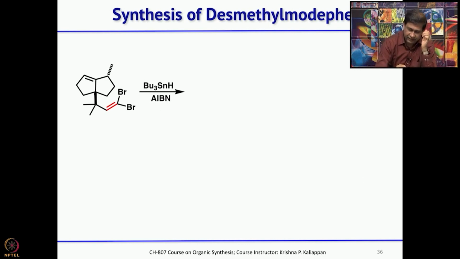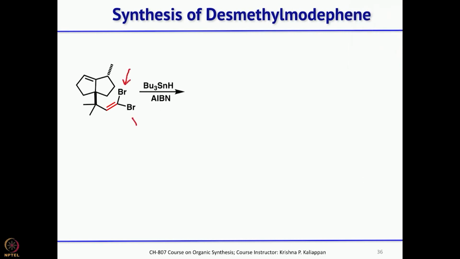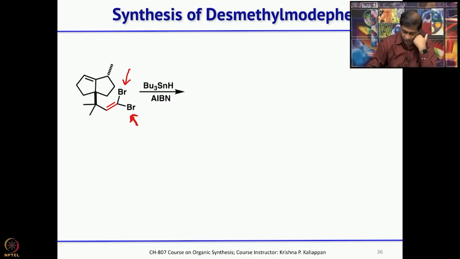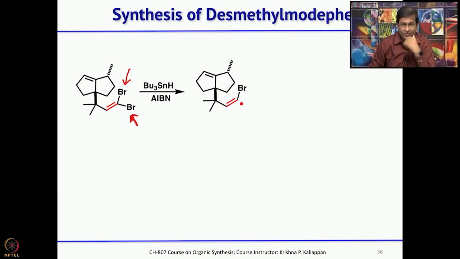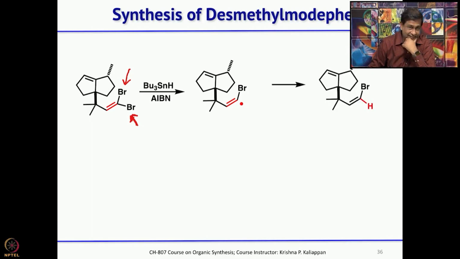Between these two bromides, we should know which one will form the radical first. Obviously this one is more exposed, or least hindered, isn't it? So that will form the radical quickly. But if this radical is formed, then it cannot cyclize.